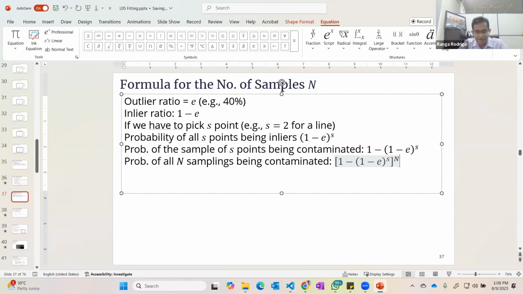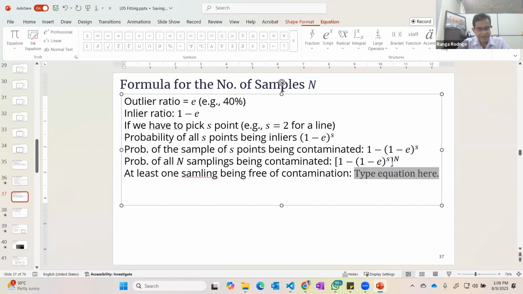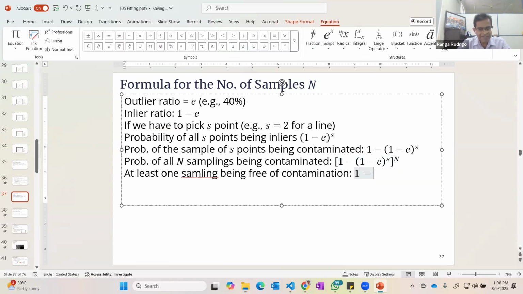All n are corrupted, so this is a very bad situation. So at least one sampling being free of contamination equals 1 minus this one.